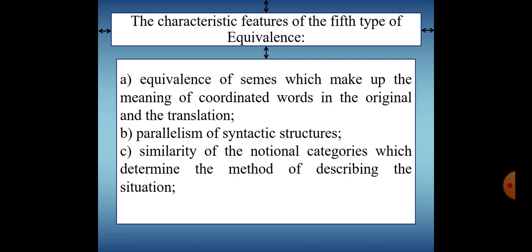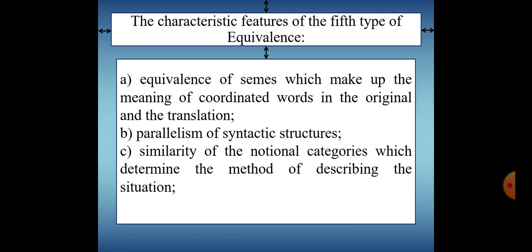The characteristic features of the fifth type of equivalence. First, equivalence of themes which make up the meaning of coordinated words in the original and the translation. Second, parallelism of syntactic structures.